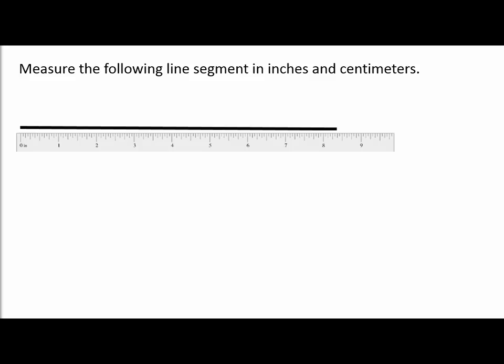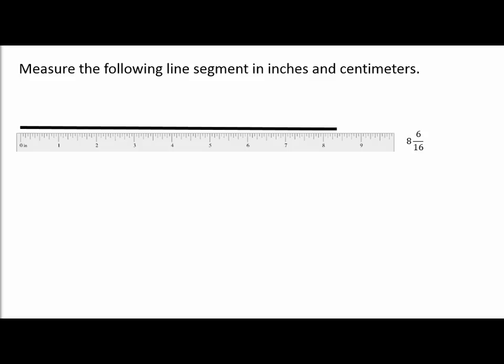So the little bit more, I write it as a fraction. I count how many spaces, how many little lines it went, and in my case, I count 6. And yesterday we talked about that in between each inch, there's 16 little spaces, so that's why I wrote 6 over 16.